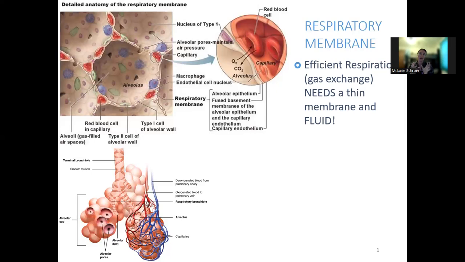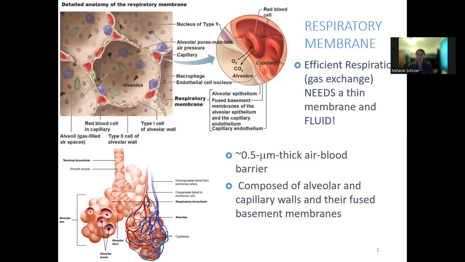And so the alveoli must be lined with a thin layer of water. There's a couple of things in there, but mostly it's water, some kind of fluid, into which oxygen must first dissolve before it is able to cross over the membrane and into the blood. Okay, so we need to have a super thin membrane to limit the flow of oxygen as little as possible, and we need fluid so oxygen can dissolve.